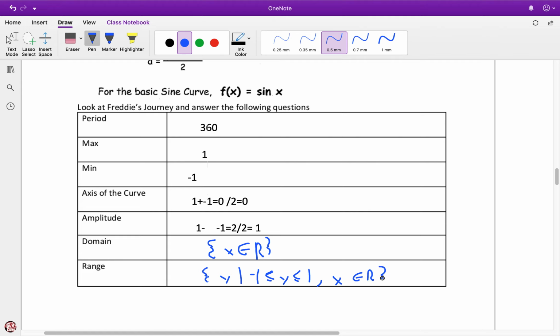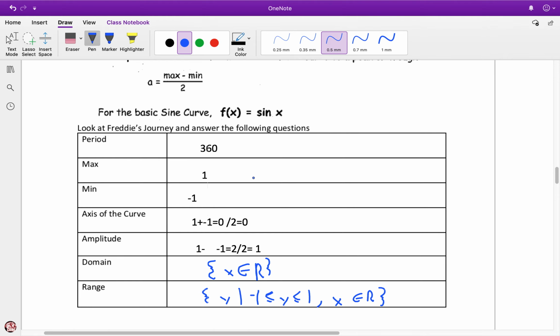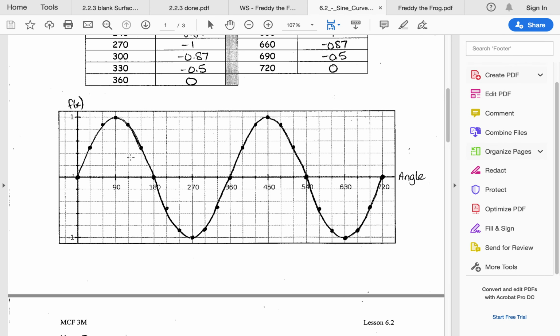Right now I'm not really concerned whether you can put it in brackets as such. If you can just explain x can be any real number and y is between -1 and 1 right now, I'm happy. So that is our standard curve for this guy right here. So we have all our descriptors there.